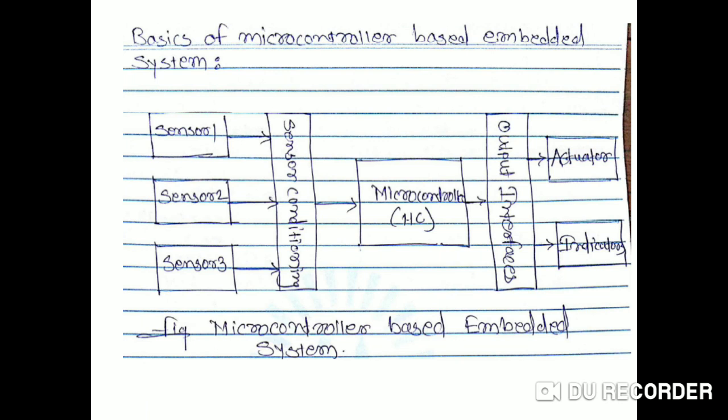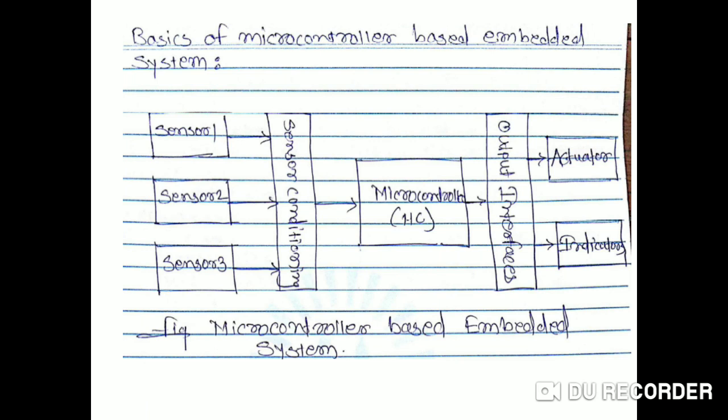Next is the basics of microcontroller based embedded system. This consists of different sensors measuring different physical parameters, then signal conditioning, microcontroller, output interfaces and actuators.